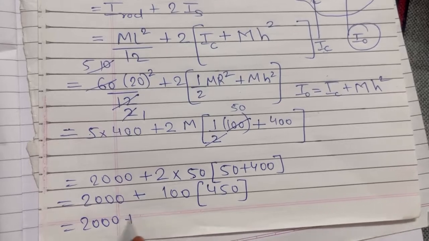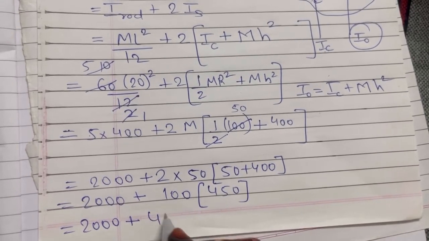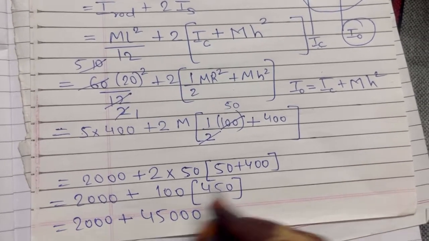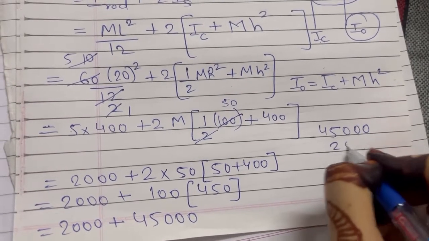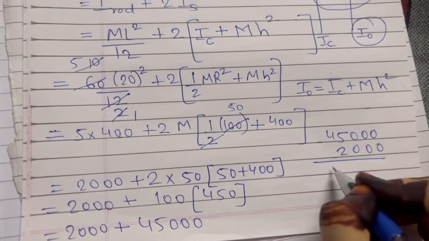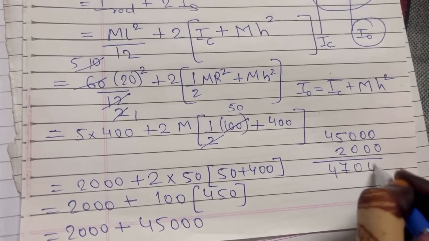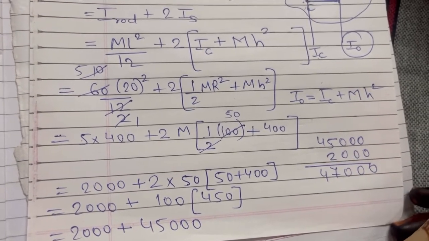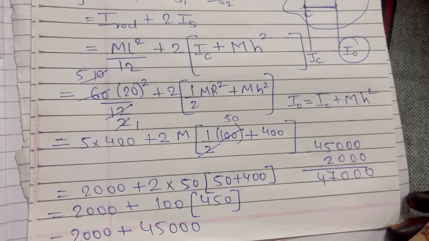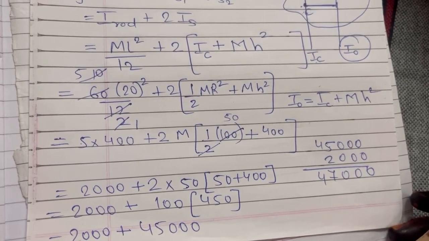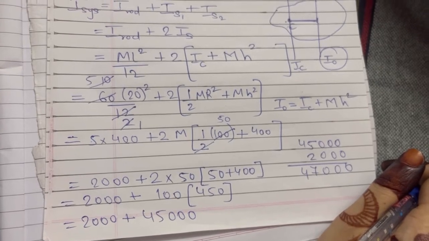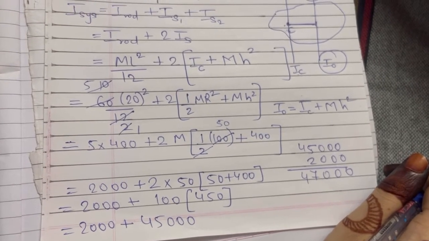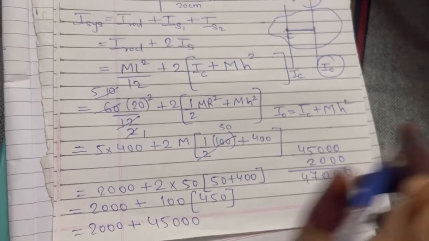It is 2000 plus, if you multiply 4 5 with 3 zeros, now add 4 5 with 3 zeros and 2 with 3 zeros, so this will give me 47,000 gram centimeter square. I might have made a mistake. Let me check the mistake.